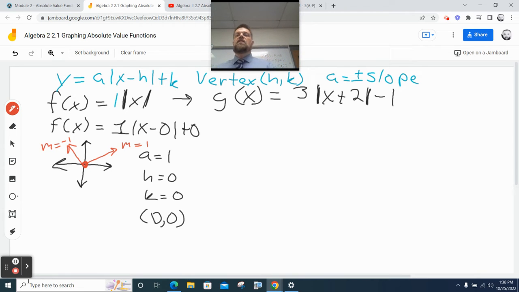Yes? Why do you write down the m equals 1 for the slope? Why do I write that down? Like what does the m stand for? It's a good question. The person that came up with analytical geometry is René Descartes. René Descartes is French.